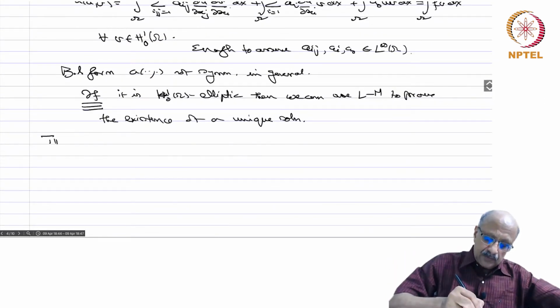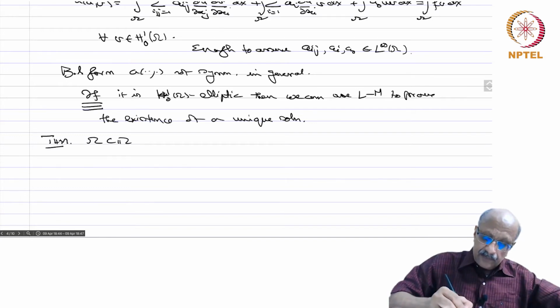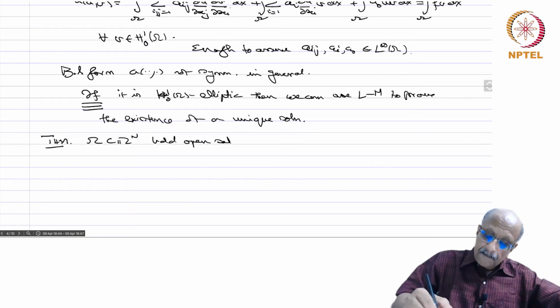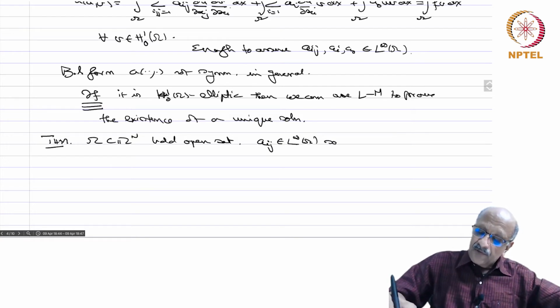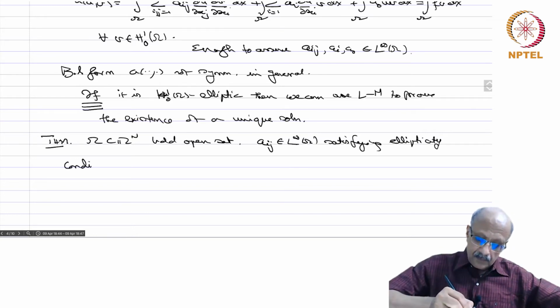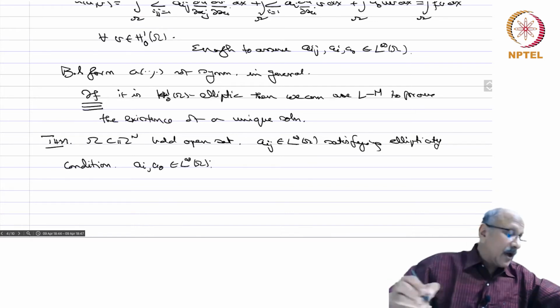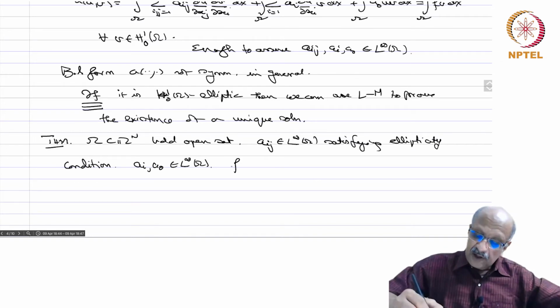So omega in Rn is a bounded open set, aij in L infinity of omega satisfying the ellipticity condition, ai, a naught also in L infinity of omega, and f is in L2 of omega.